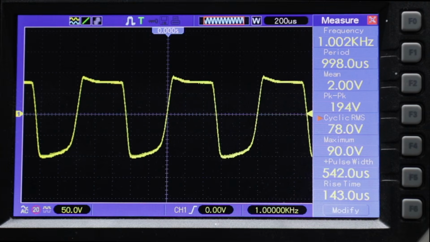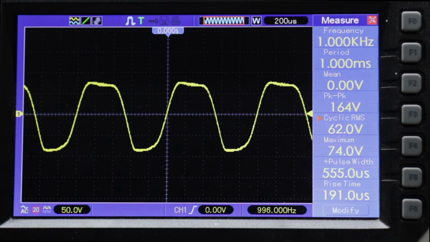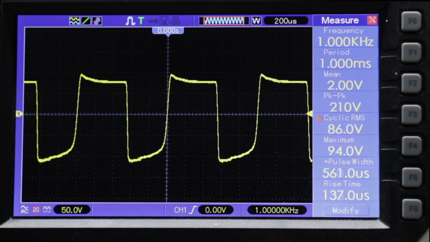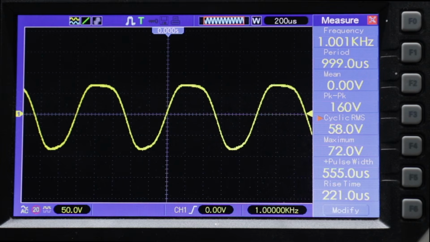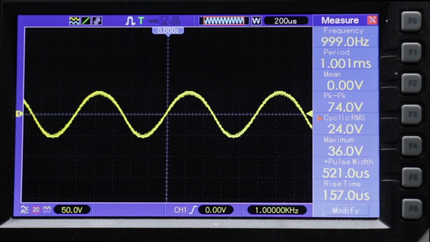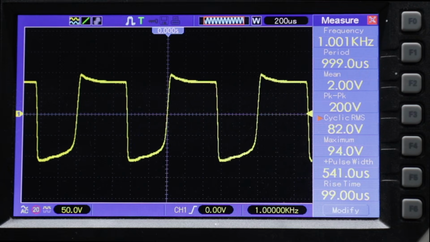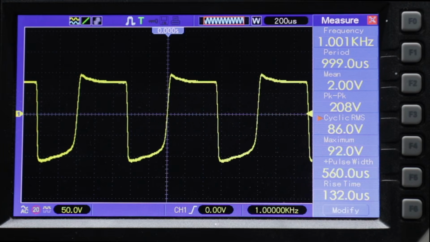If I go into the highest gain mode, you can see that if I bring the gain up, it squares off even more. Bringing the gain back down again, all the way down, we get a nice symmetrical wave again. Bring it up. So what we're seeing is clipping in that stage that is largely symmetrical on both sides.